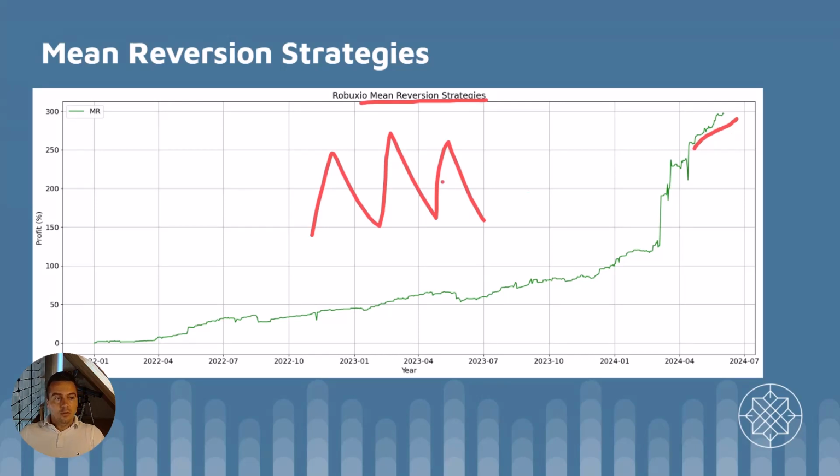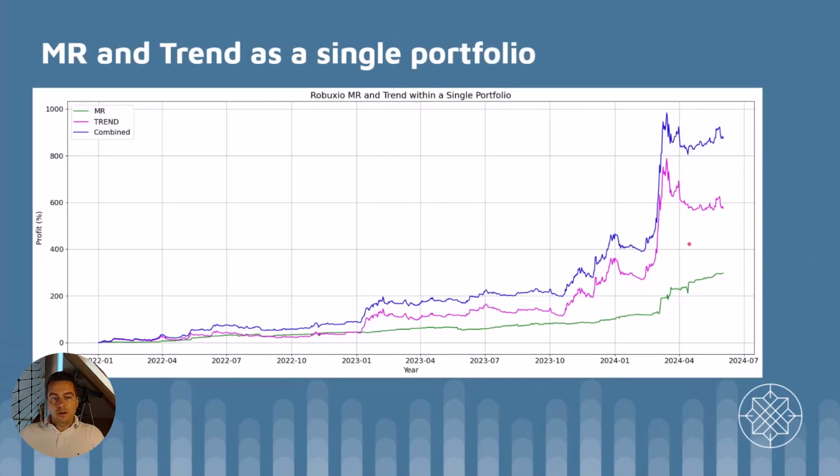But compared to trend strategies, they don't deliver such huge profits. You can see it here. So that's why we don't want to trade, for example, mean reversion strategies only, because the profit potential is much, much higher with trend strategies.